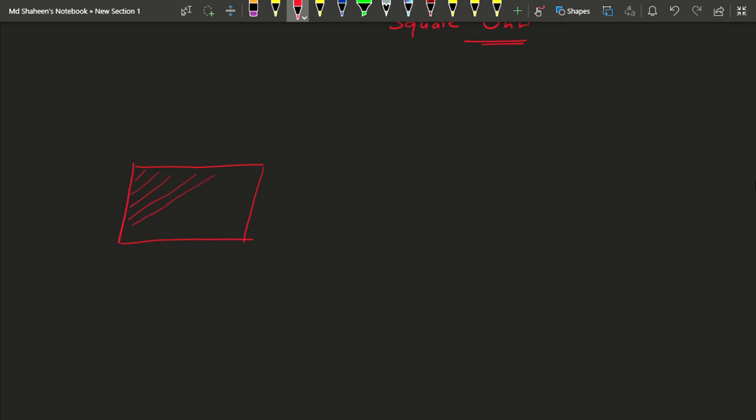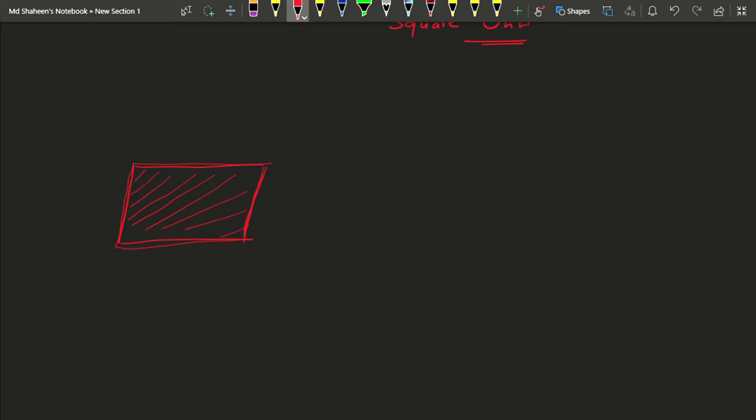What about this boundary? The length of the total boundary of any closed figure will be called the perimeter.